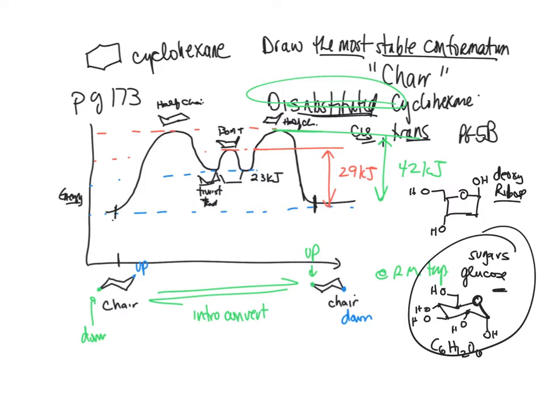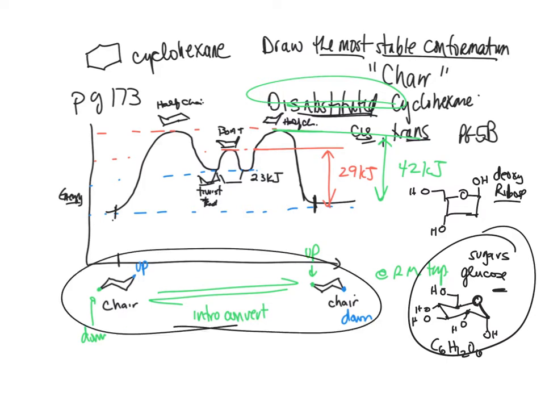But they like to be in the chair conformation. And why? Because this minimizes the torsional strain. We still, every one of these has the 109.5 degrees, the sp3, that's all good.